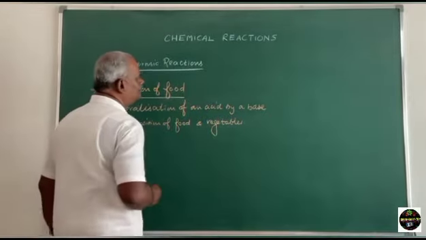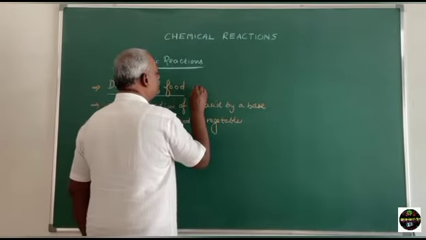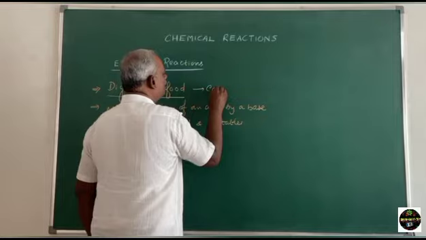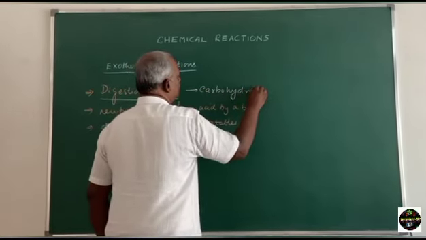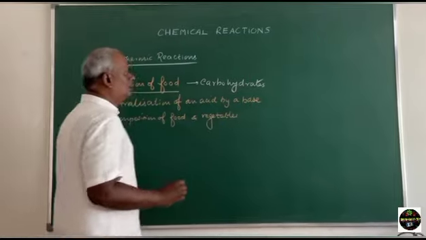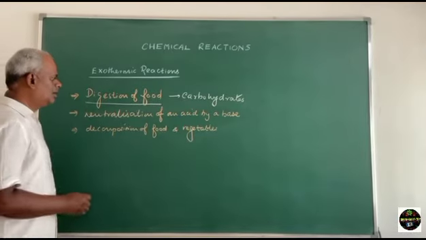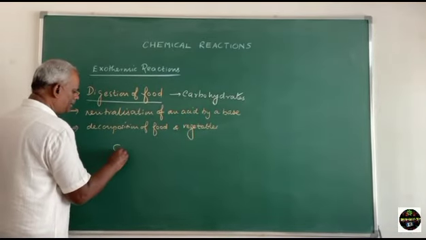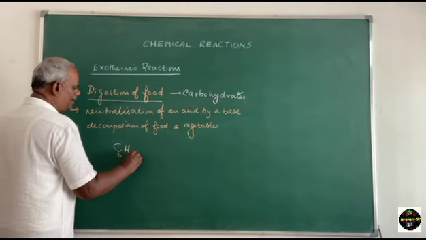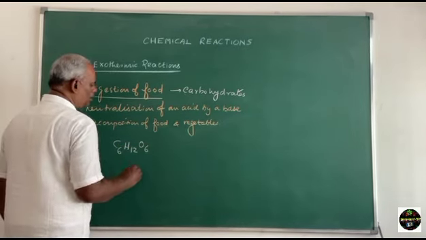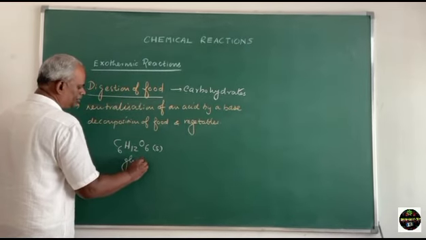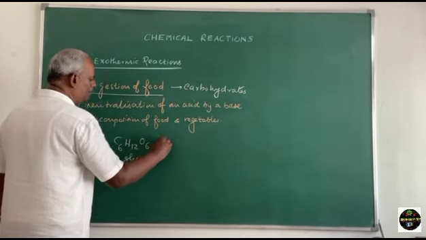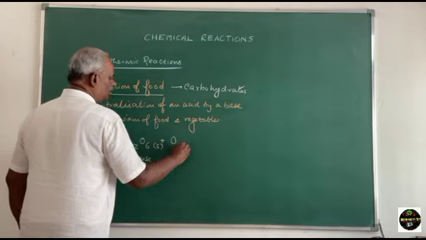Digestion of food. Our food substances contain carbohydrates, the energy giving substances. This is an example of a carbohydrate: C6H12O6, glucose, which is stored in our body with the help of food.